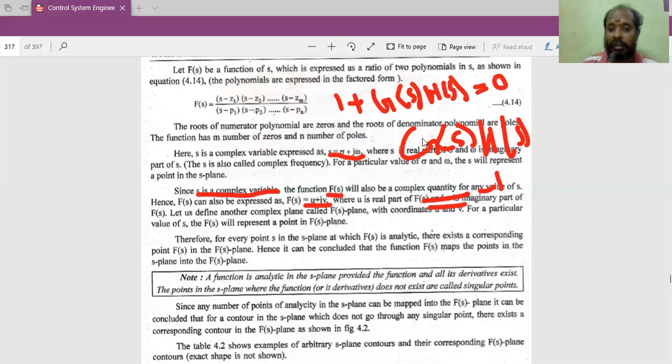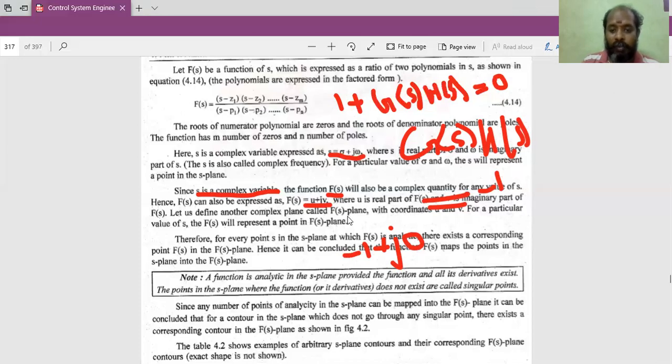Based on this I can write this minus 1 as minus 1 plus j0 in a complex format, because I'm going to represent the values in the complex plane. So I'm converting this minus 1 into a complex number, minus 1 plus j0. Based on this particular value, the Nyquist stability criteria will be defined. We will see about that in the coming times.